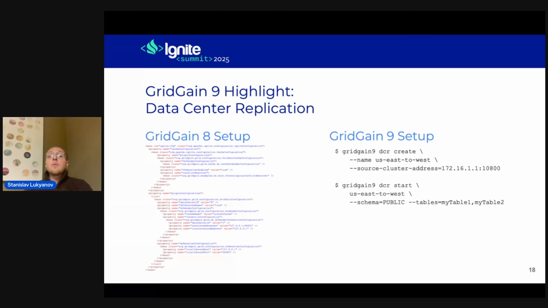GridGain 9 also provides an out-of-the-box conflict resolution, which means that in an active setup, GridGain 9 will use time-based and version-based conflict resolution, meaning that you will get eventual consistency between your clusters out of the box with no need to code anything or define application-specific rules on how to solve conflicts when two active systems get updated at the same time.